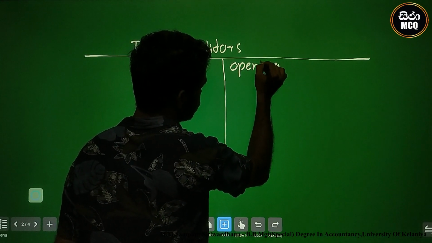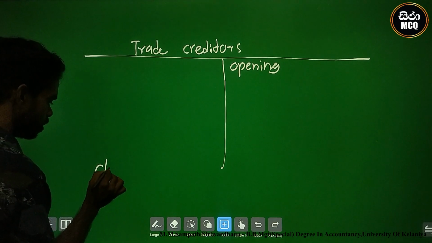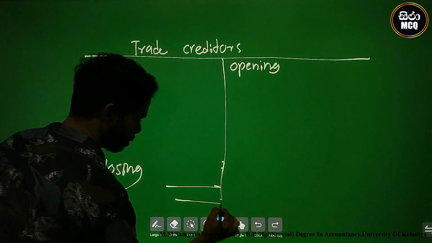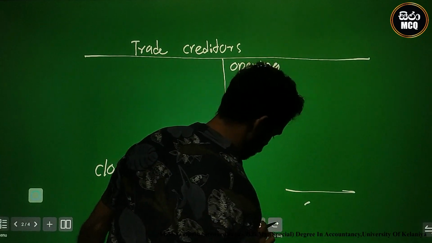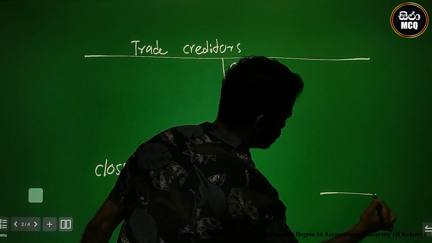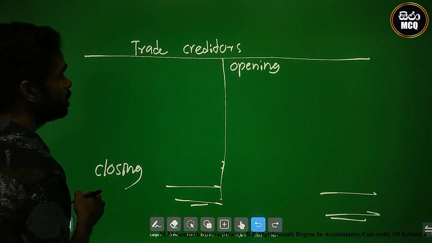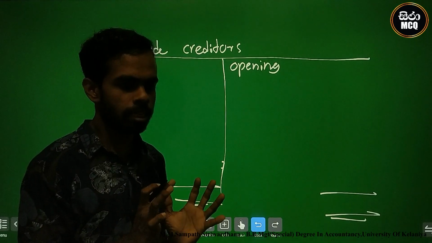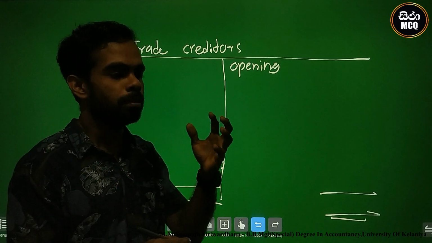The closing balance is there. And what is the material purchasing double entry on credit basis?